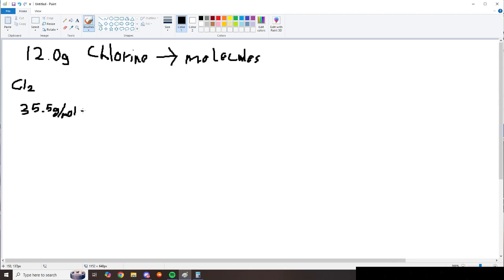And since we have two of them, we multiply it by 2, and it becomes 71.0 grams per mole. So, we have our molar mass of Cl2.